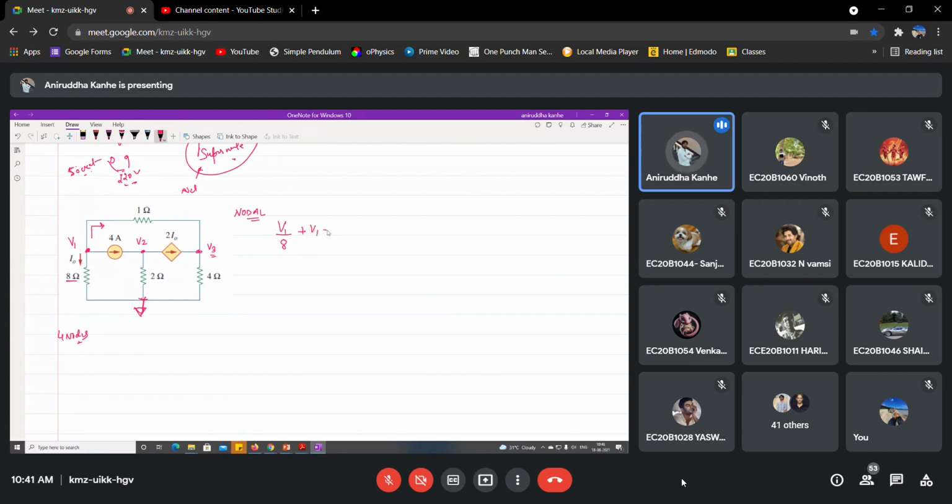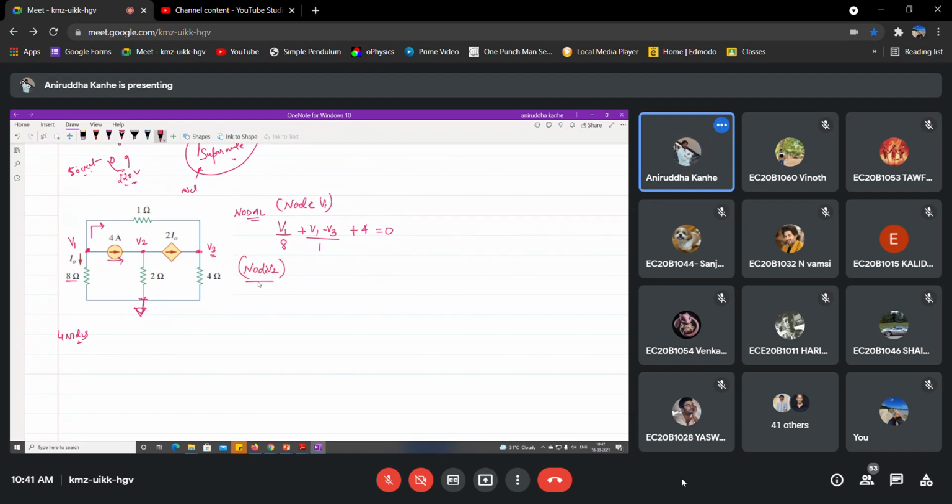So V1 minus V3 divided by 1 ohm, and this is the current source. The current direction is outward, so plus 4 is 0. Is that okay? Yes, sir. Please everyone pay attention here, then only you will appreciate the things.